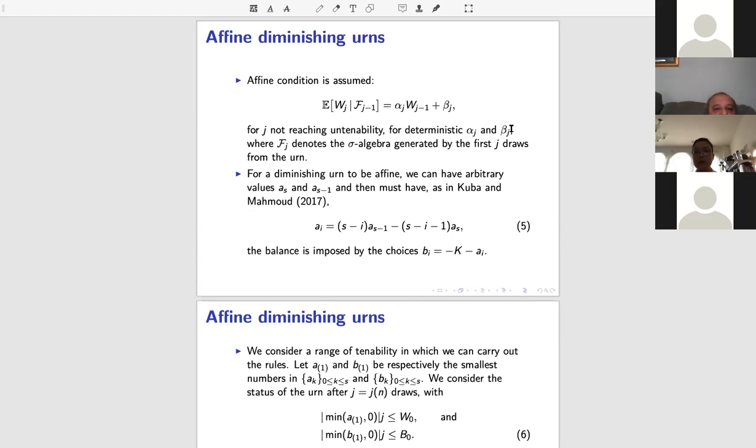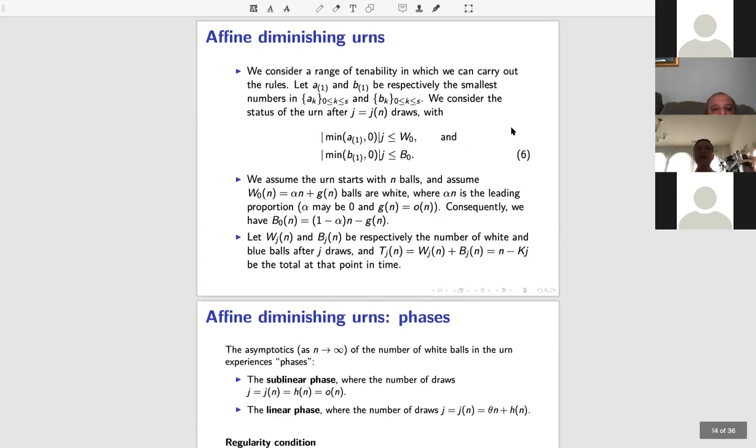This condition was developed by Professor Kuba and Professor Mahmoud for the urn with all positive replacement entries, and upon checking, we find that it also works for diminishing urns. With the condition given by equation 5, the moments of Wj will not depend on higher orders. So basically, this is the class that we will study.